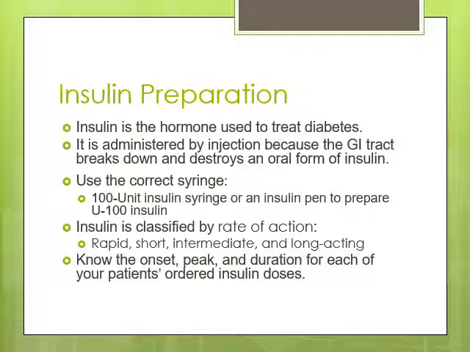Insulin is classified by rate of action into rapid, short, intermediate, and long-acting insulin. Know the onset, peak, and duration for each of your patient's ordered insulin doses. Most insulin consultations come to the pharmacist in the community pharmacy, so this is information we must at least be aware of.